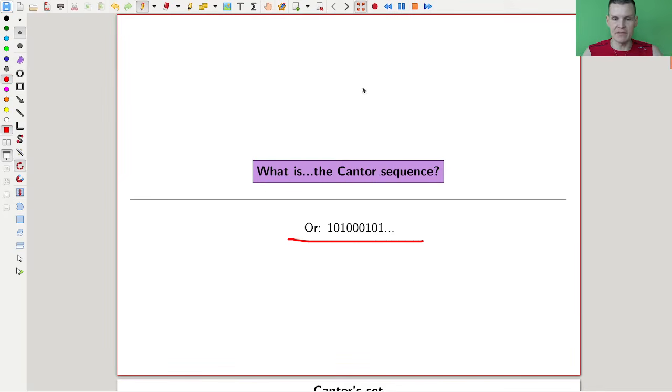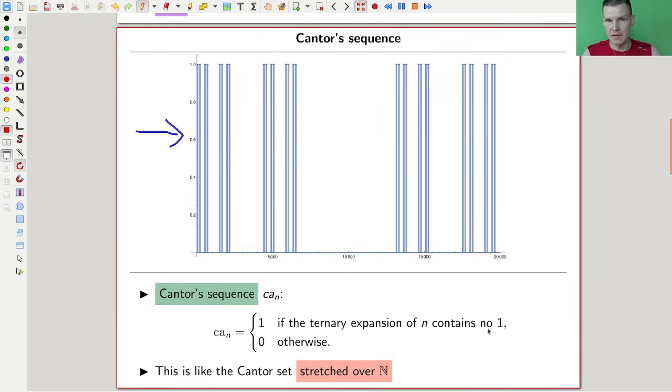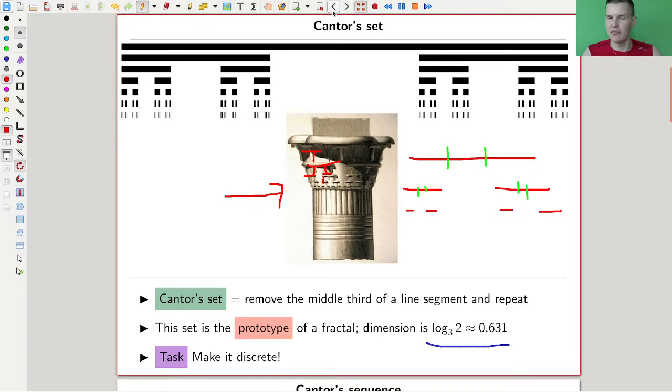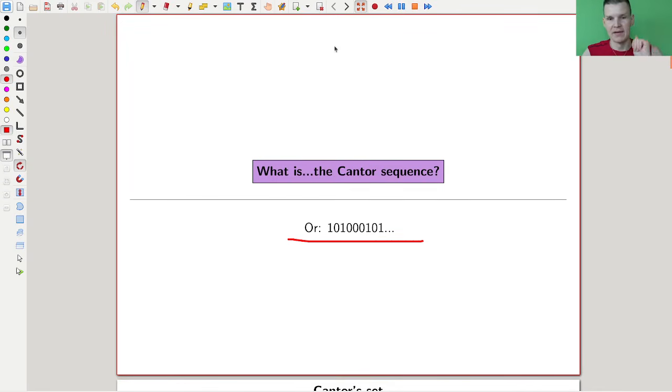This is where my sequence starts. So it starts with 0. 0 contains no 1, so I write a 1. Then it goes 1. 1 contains a 1, so I write a 0. Then it goes 2. Well, 2 contains no 1, and so on.